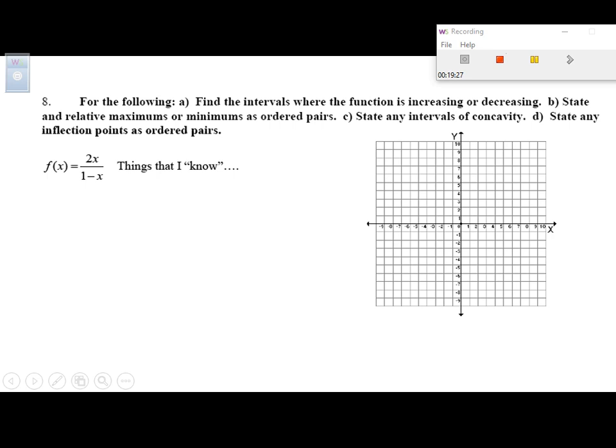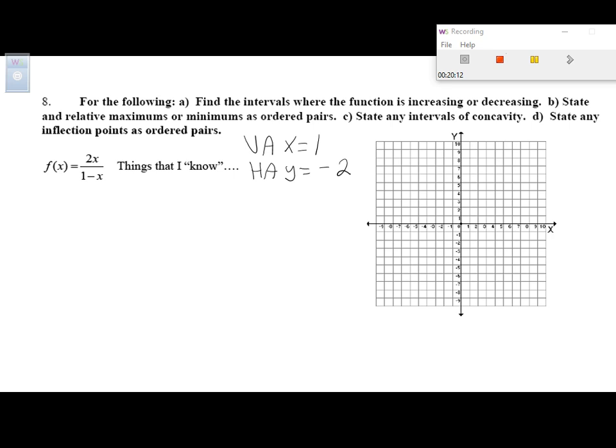But some things that I know before I even start: I have a vertical asymptote at x equals 1, because that's where my denominator is equal to 0. And I have a horizontal asymptote at y equals -2 because I got 2 over -1. So before I even start, I have a couple of asymptotes that I could use.